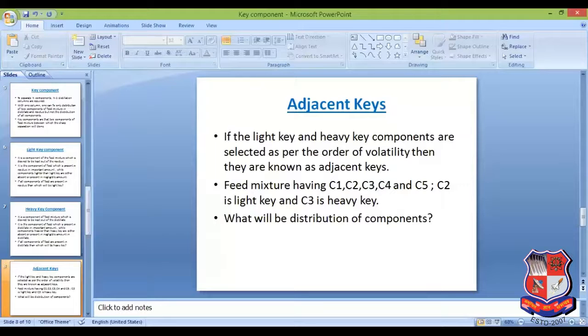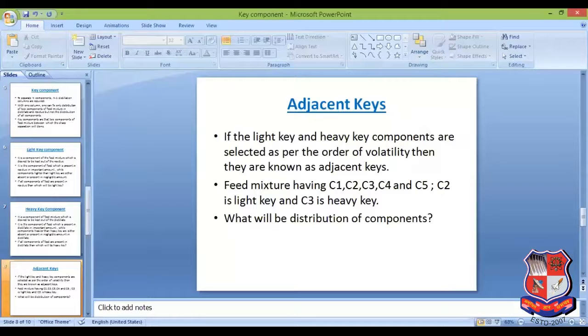See, I want to find out which components should be there in distillate in significant amount. So for that I have to look at the heavy key. C3 is my heavy key, and the components which are heavier than heavy key should be absent in the distillate. So which components are heavier than heavy key? C4 and C5. So C1, C2 and C3 will be in distillate. Now which components will be there in residue in significant amount?